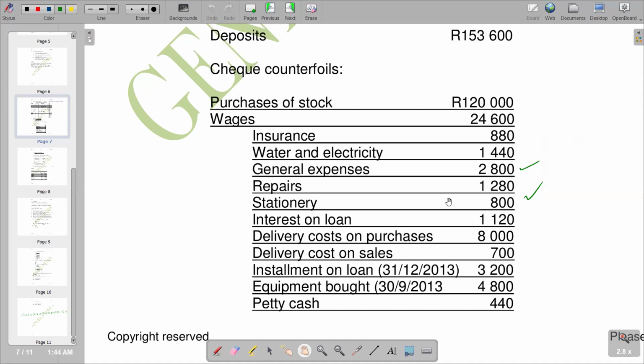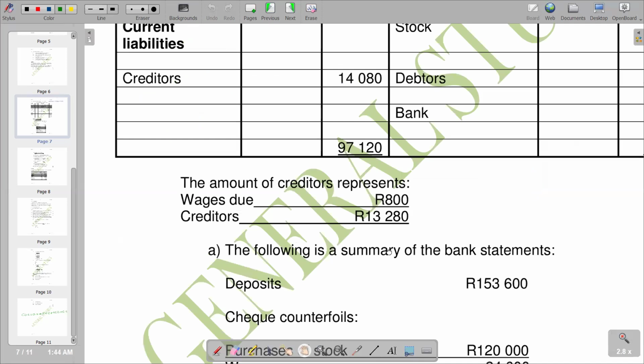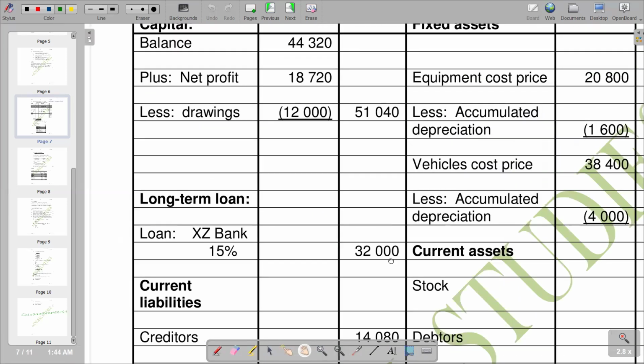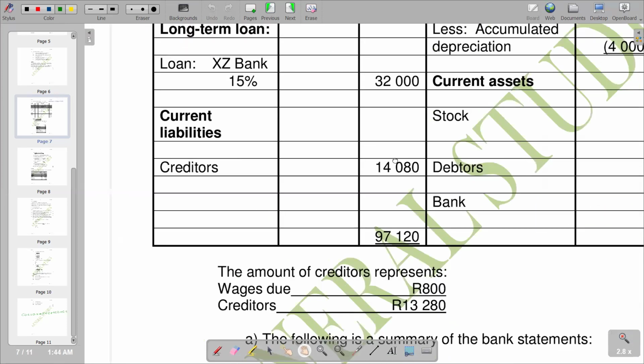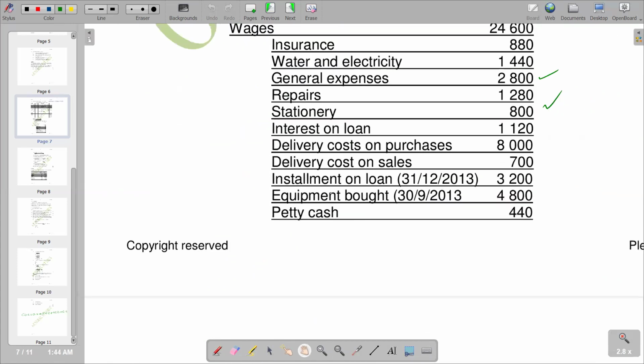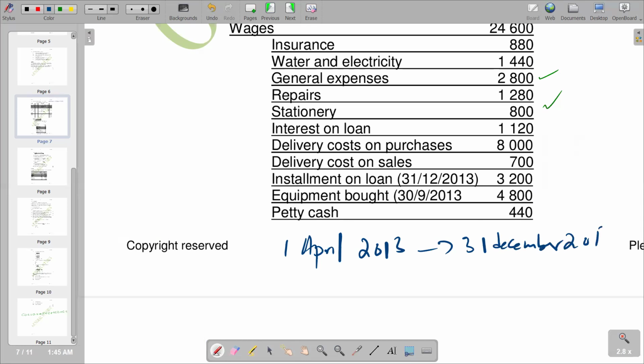From the beginning of the period, that is 1 April 2013, to the day where we've got an installment of the loan that was paid, that is on 31 December 2013. From there, we cannot calculate interest on the loan for that period, so we count the number of months from 1 April to 31 December.